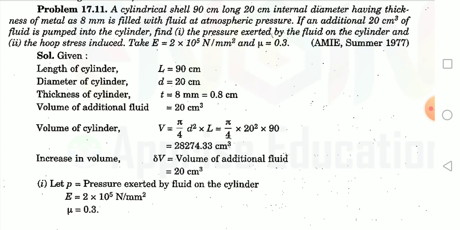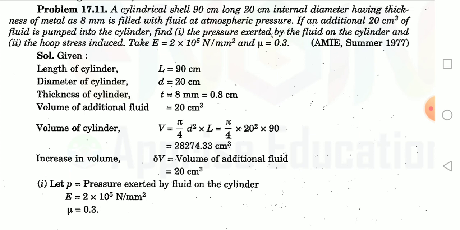Take capital E as 2 into 10 power 5 Newton per millimeter squared and mu as 0.3. So the length of the cylinder is given as 90 centimeter, diameter 20 centimeter, then thickness T equal to 8 mm, which is 0.8 centimeter. So volume of additional fluid is 20 centimeter cube.